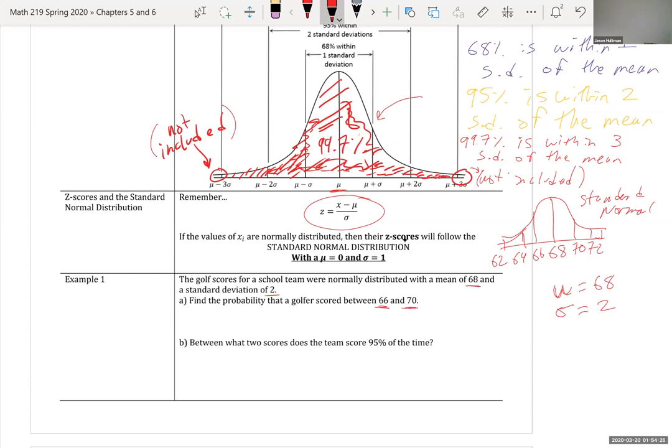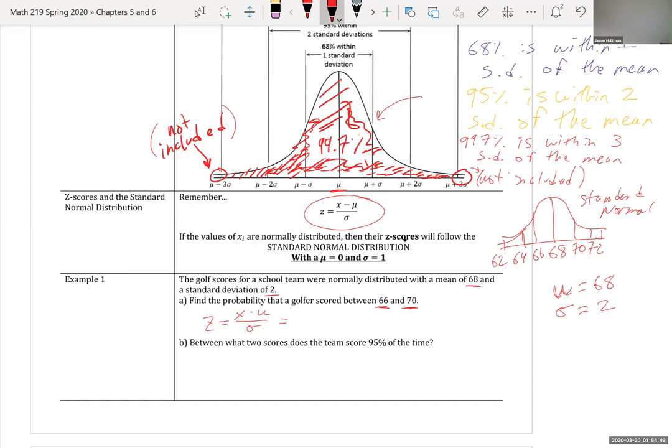If we look at 66 and 70, and calculate these z-scores, what do we get? I'm just going to calculate one of them. Let's calculate 70. So z is equal to x minus mu over sigma.